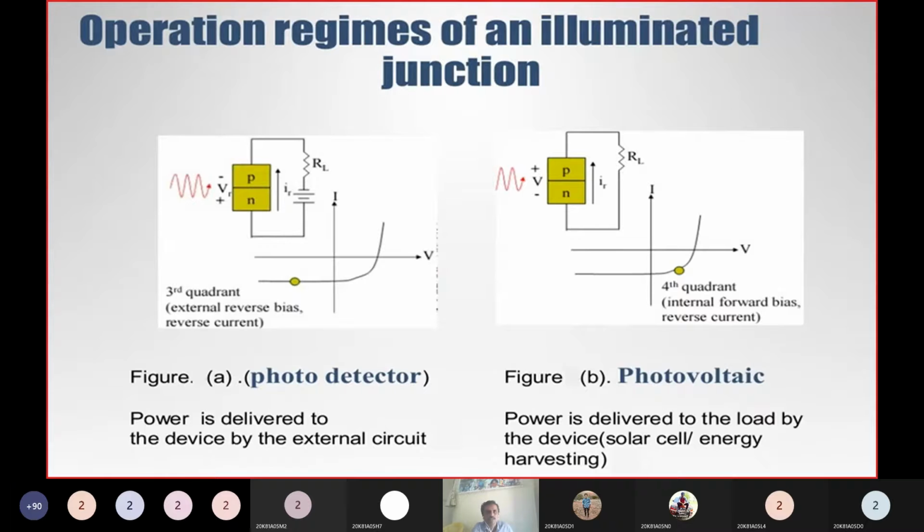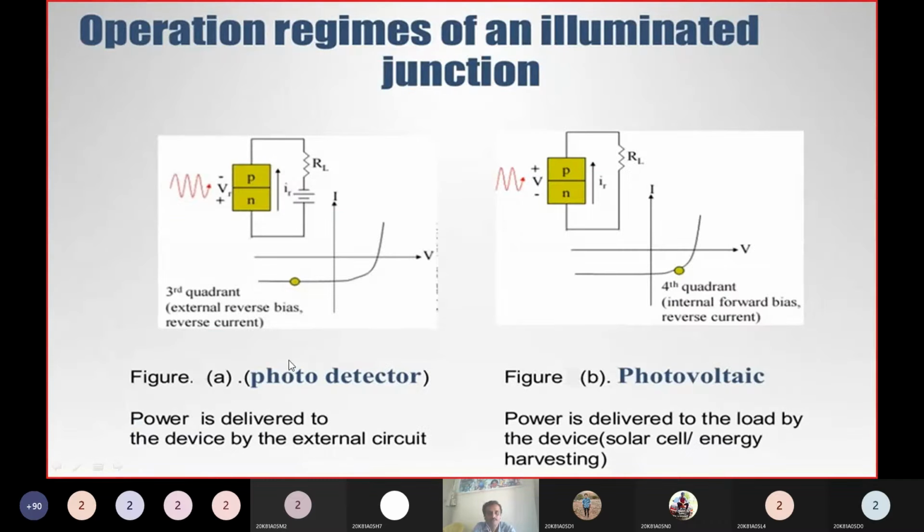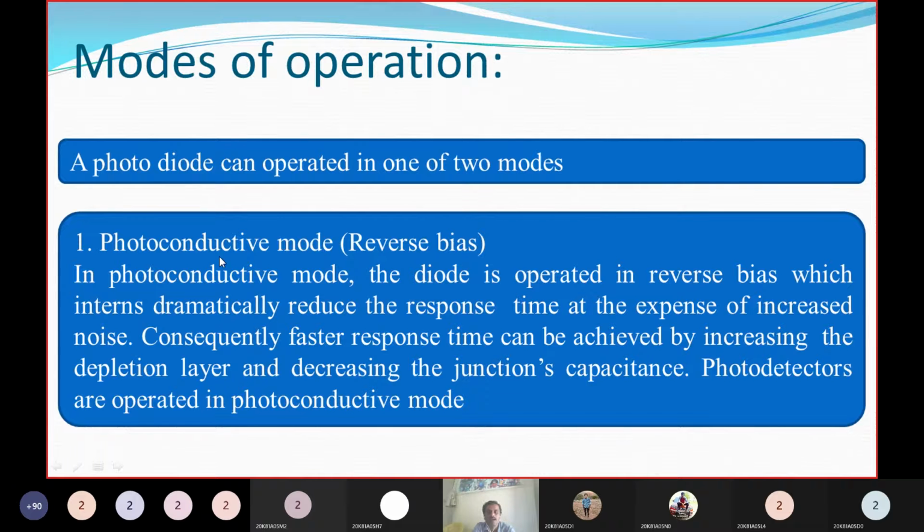Okay, one more time we will discuss the modes of operation. A photodiode can be operated in two modes. The first one is the photoconductive mode, which is reverse bias. We can also call this the photodetector mode. So photoconductive mode, photodetector mode, or reverse bias mode.